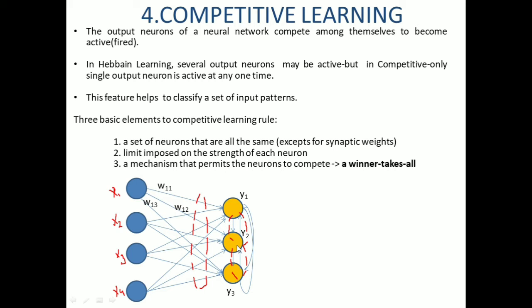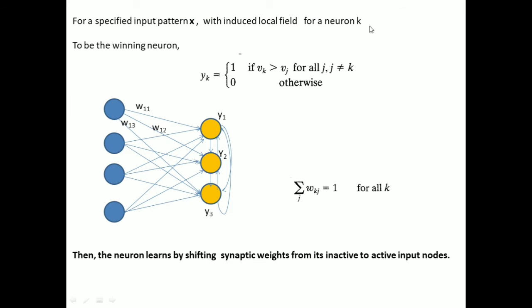So, now the question is, how do we choose a particular neuron as a winning neuron among all the other neurons? For a neuron k to be the winning neuron, the induced local field Vk for a specified input pattern x must be the largest among all the other neurons in the network.